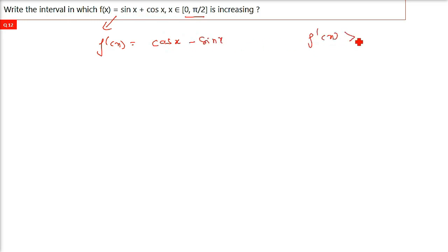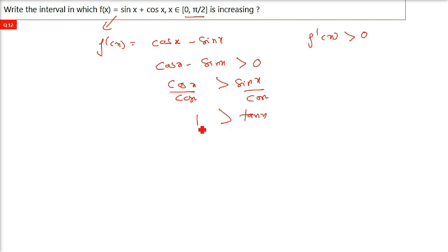So f dash x should be greater than 0. Cos x minus sin x should be greater than 0. That is, cos x should be greater than sin x. Now you can divide both sides by cos x. So cos by cos x gives 1, sin by cos x gives tan x. 1 is greater than tan x, or you can say tan x is less than 1.